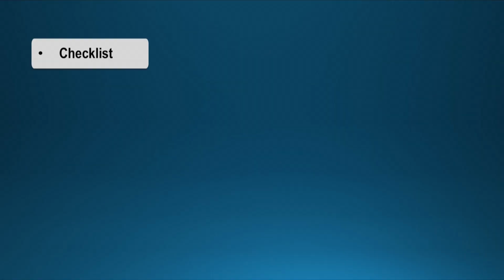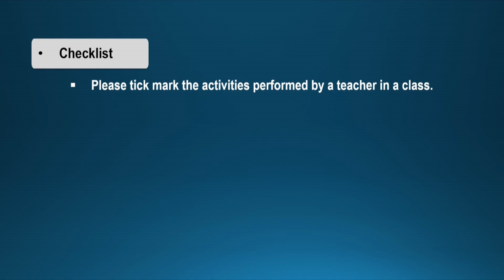So let's have a quick look at when checklists are to be included. This is an example of a checklist. Please tick mark the activities performed by a teacher in class.